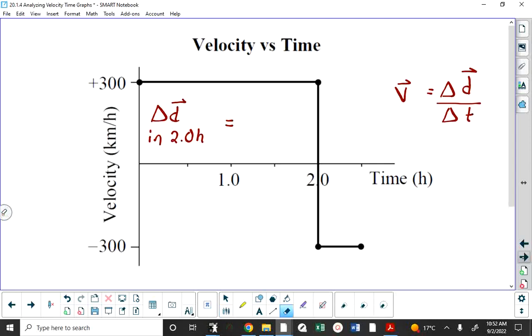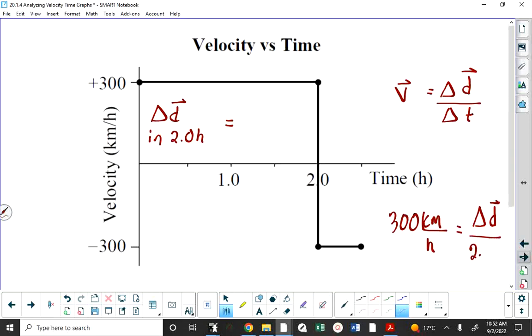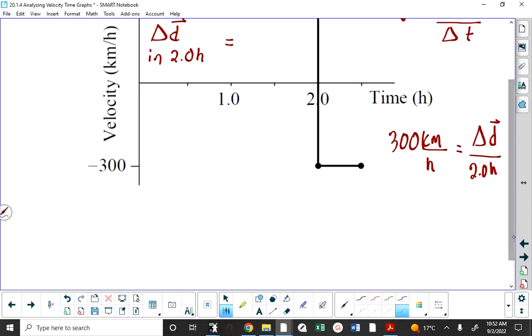If I put 300 kilometers per hour equals the displacement, which is the change in the position, over the time, which is 2 hours, this is almost like stealing candy from a baby. In fact, I don't know that you really need the deltas. And when you multiply both sides of this equation by time, you get speed times time equals distance.